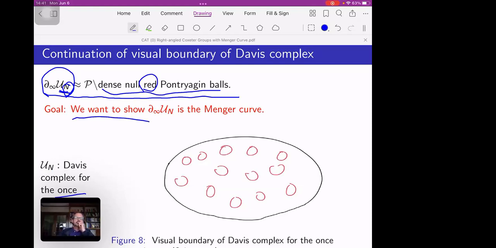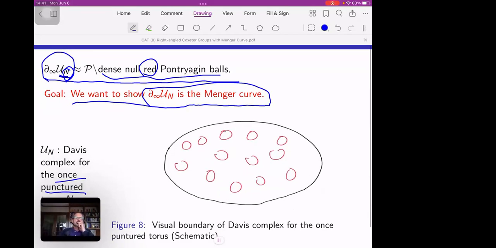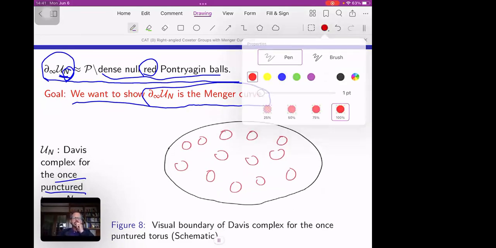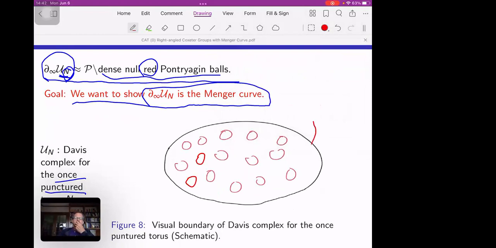So our goal is to prove this is the Menger curve. In the visual boundary, the picture looks like this. From a Pontryagin surface, you remove a lot of disjoint, dense Pontryagin balls.